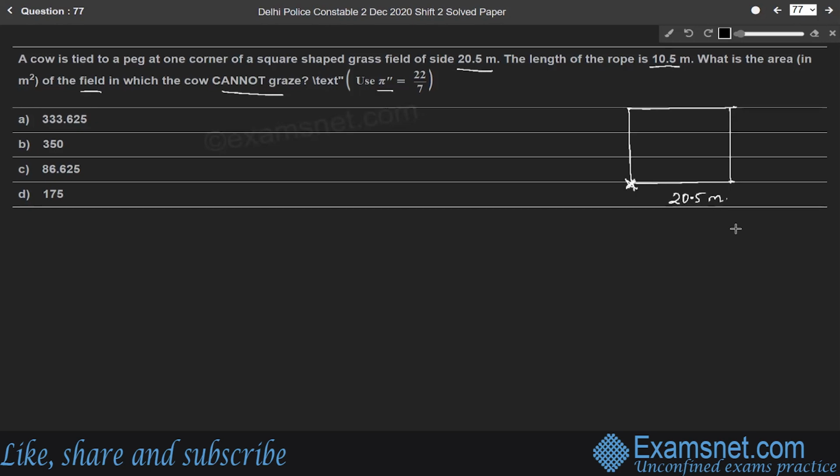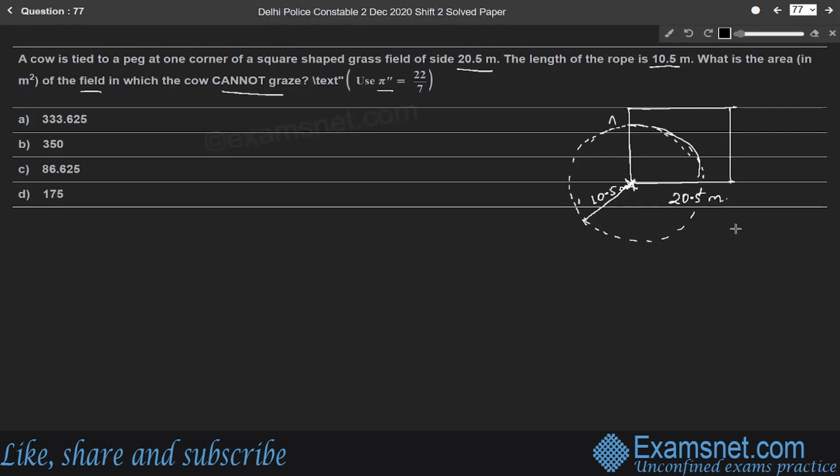So let the position of the cow be here, and length of the rope be 10.5 meter. Therefore, the cow can graze like this. Inside the square-shaped field, the cow can graze in this sector.